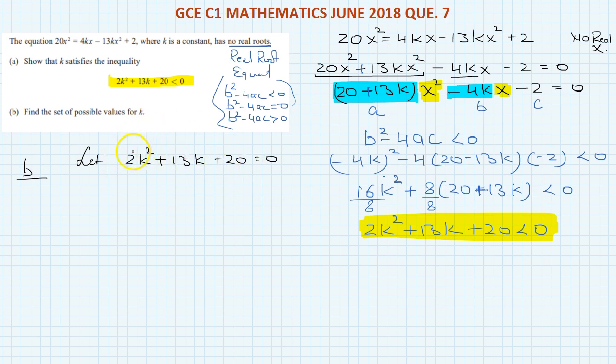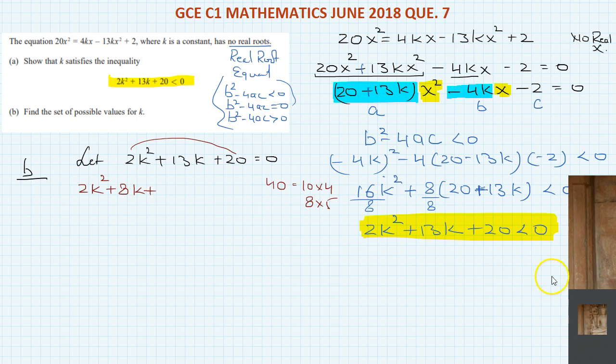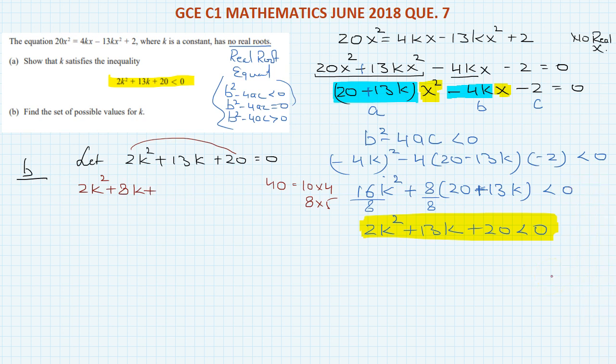So we have this quadratic equation. 2 multiplied by 20 is 40. 10 times 4 is 14, but we need 13. 8 times 5 is 40, and 8 and 5 is 13. Yes. So we can write it as 2k square plus 8k plus 5k plus 20 is equal to 0.